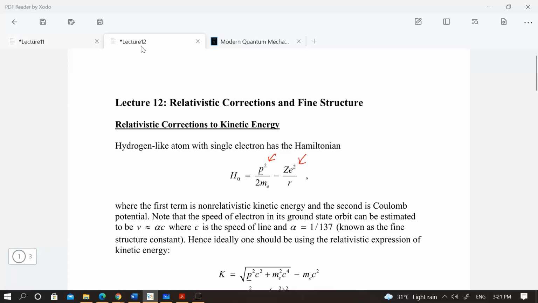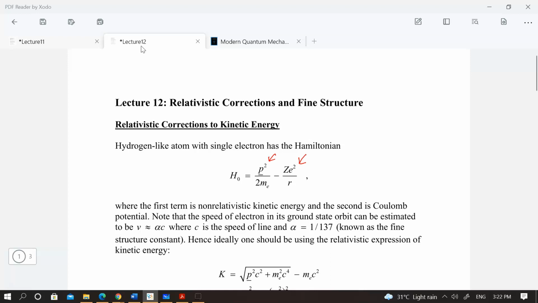Okay. So one of the things that is probably of concern over here is whether this term that tells about the kinetic energy of the electron orbiting around the nucleus, whether that is near the speed of light or not.